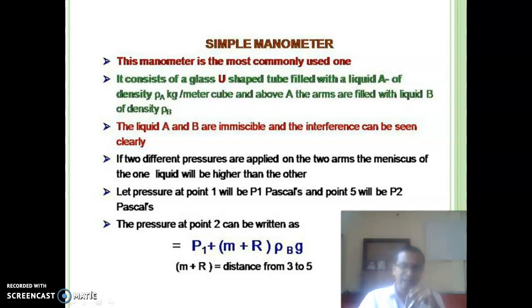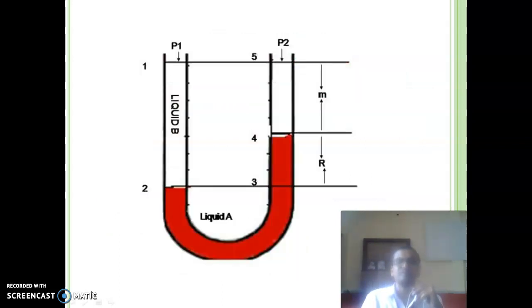We are trying to find the pressure at point 2. Therefore, the simple equation is P1, the pressure at point 1, plus (m plus r). This combined term is the distance from point 3 to point 5. Rho b means density and g is the acceleration due to gravity.